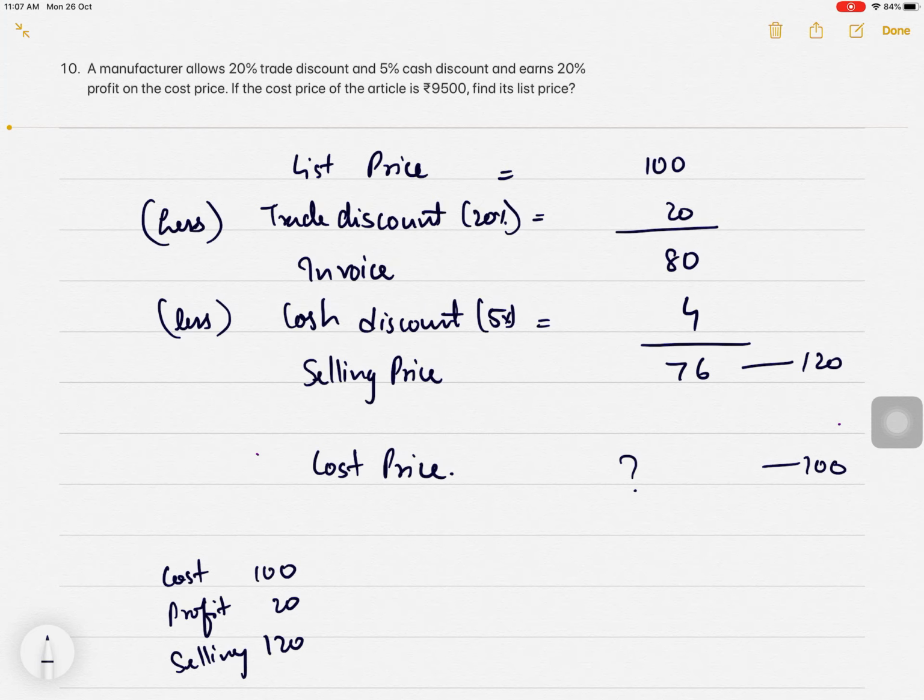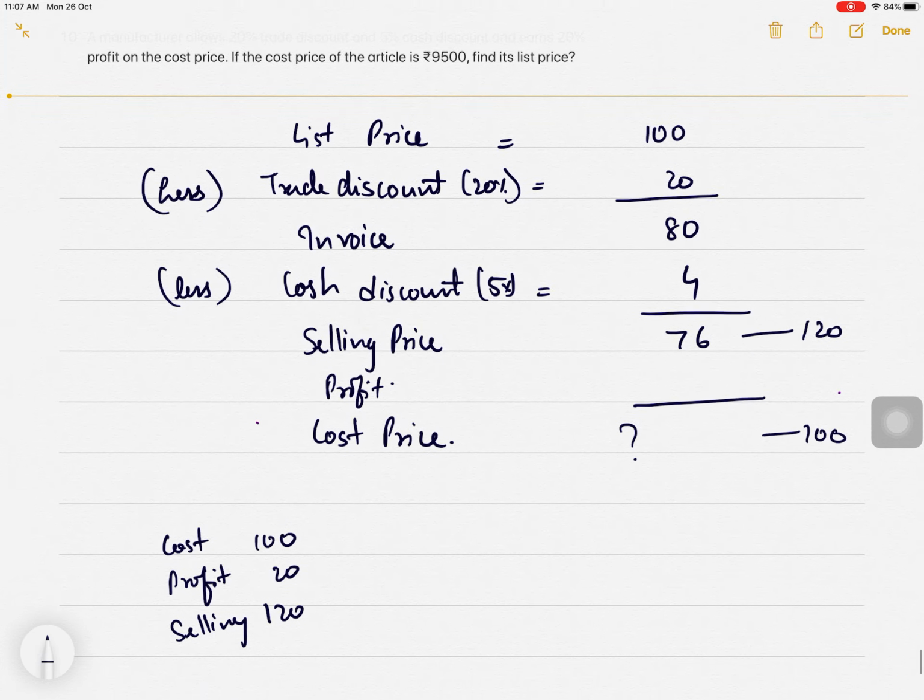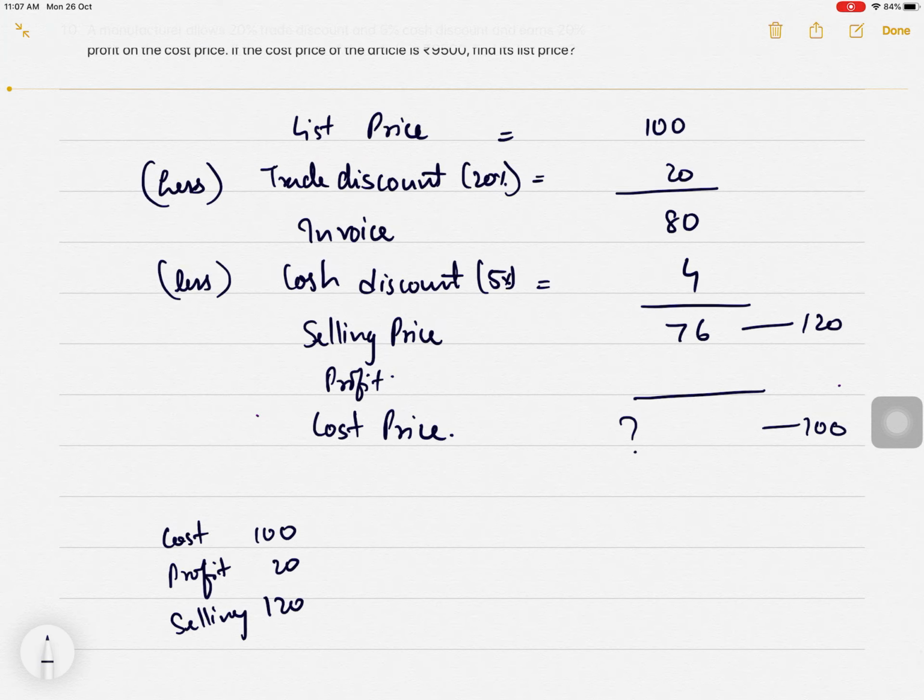The difference between selling price and cost price is your profit. So 76 divided by 120 into 100.